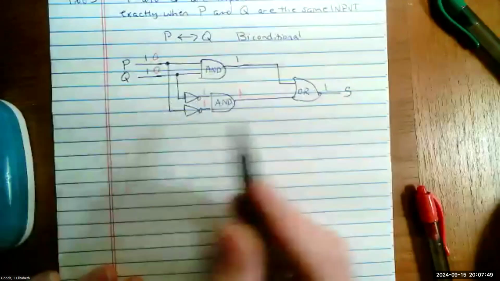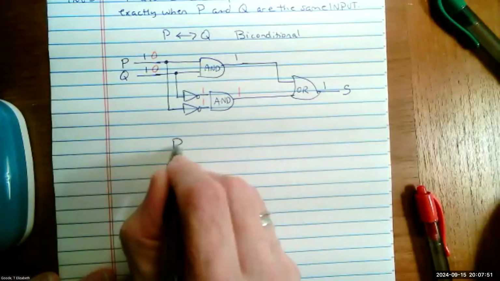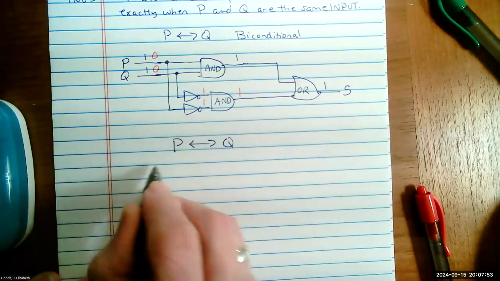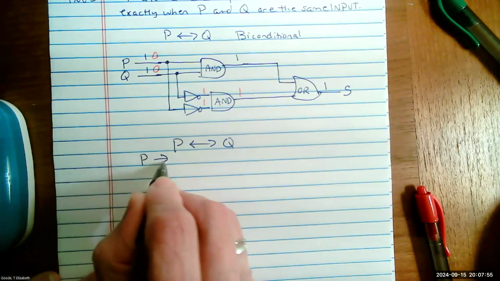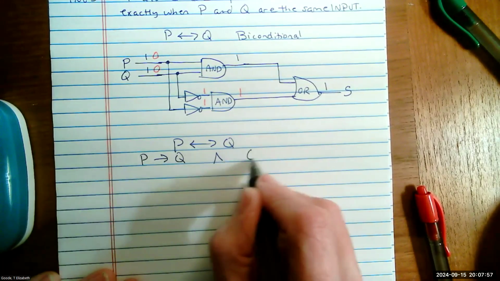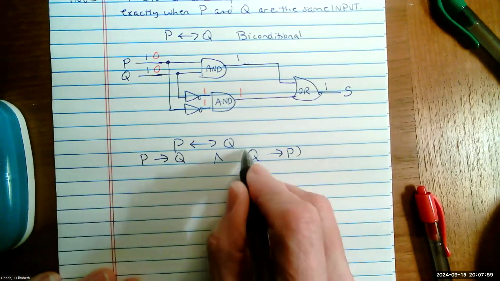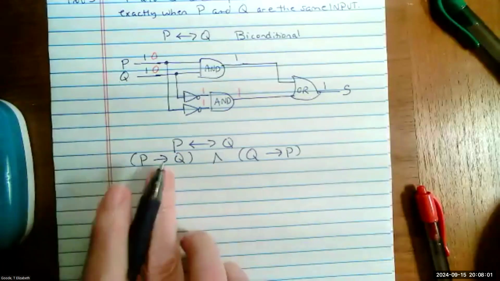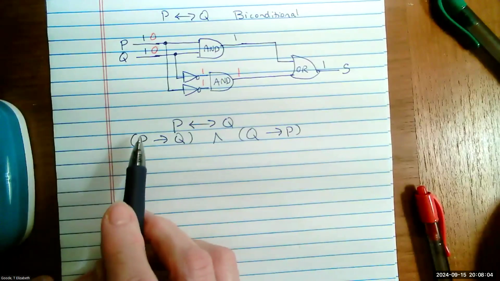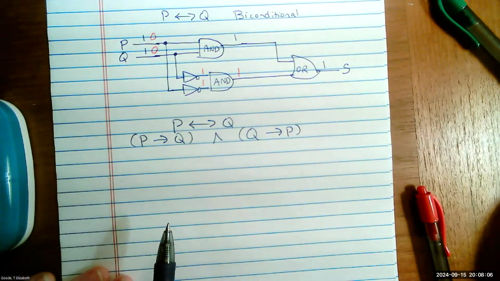There's another way to think about it. P if and only if Q means P implies Q and Q implies P, right? But there is a way to write P implies Q as an OR statement.